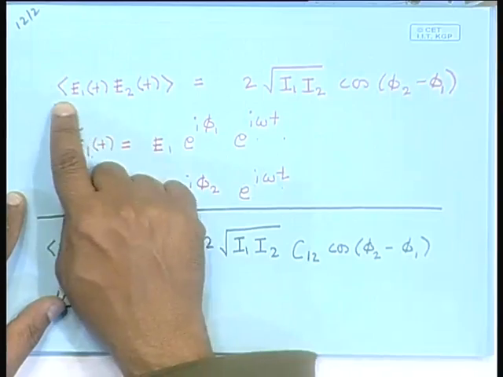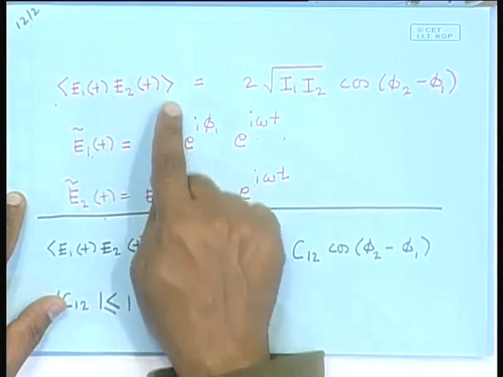And in the last class, we were studying the consequence of the fact that there will always be a spread in the frequencies. And we had seen that if you incorporate the spread in frequencies, there will be a modification of this time average.